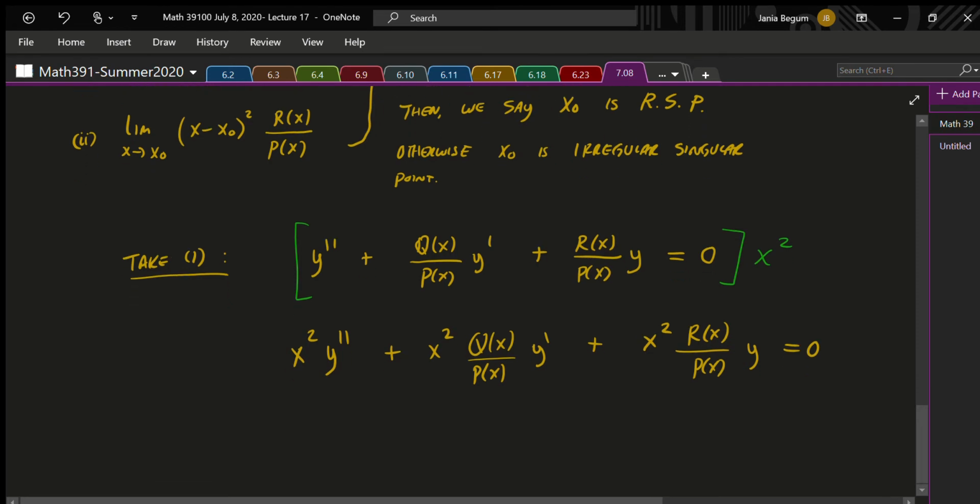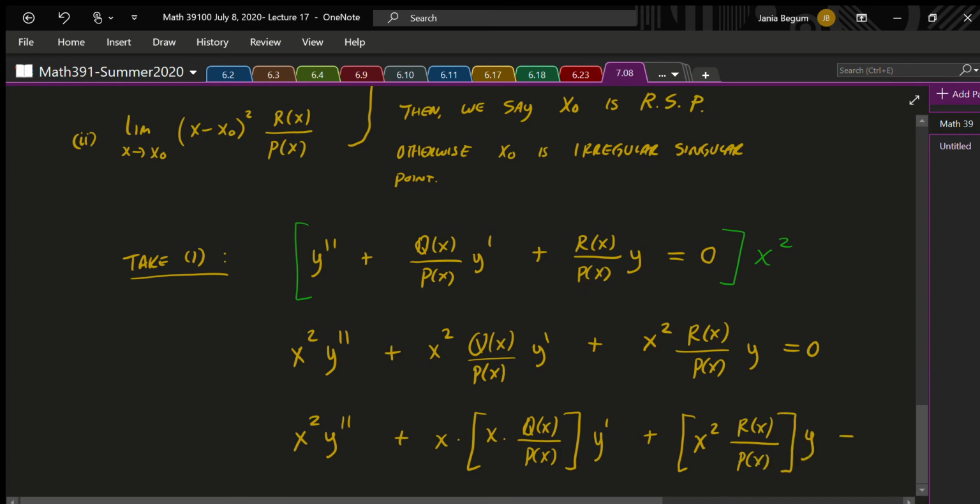So the first one, we just keep it as it is. For the second one, I'm going to pull out an x from x squared. So we have x times, and then we have this term, x times q of x over p of x, times y prime plus, and for the last one, I'm just going to group it in a bracket. So you have x squared times r of x over p of x times y equals 0.